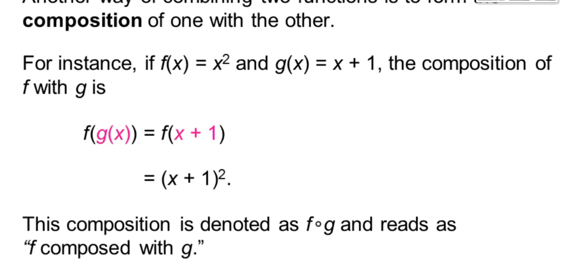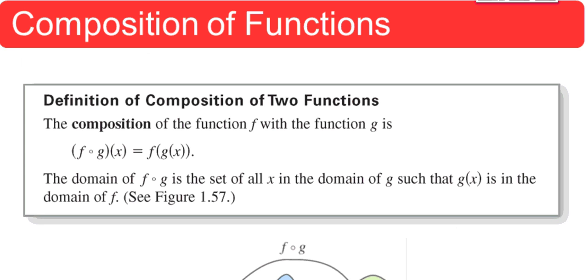And we have a nice little slide that kind of gives the rule. So this is the definition of the composition of two functions. The trickiest part sometimes is the domain. So the composition of the function f with the function g is f composed with g of x equals f of g of x.